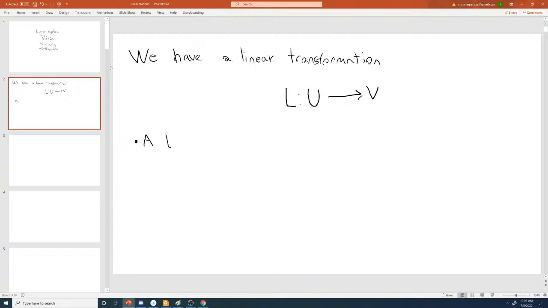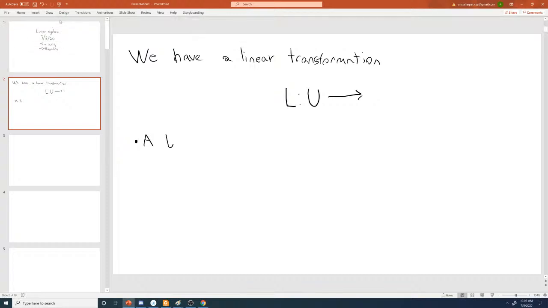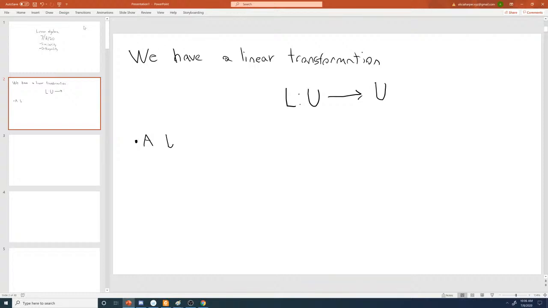Actually, let's do things the simplest way, and make our domain and codomain the same. So we have two different bases. We have a basis E consisting of vectors U1 through UN, and we have a basis F consisting of vectors V1 through Vn.